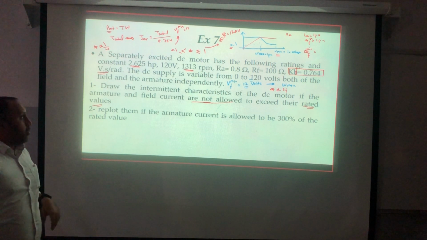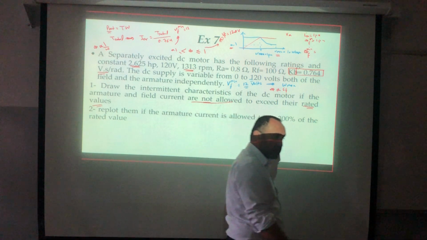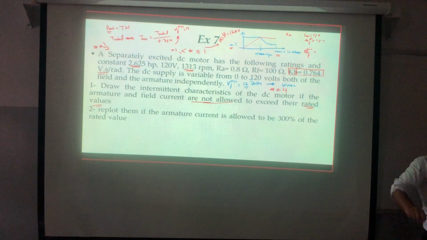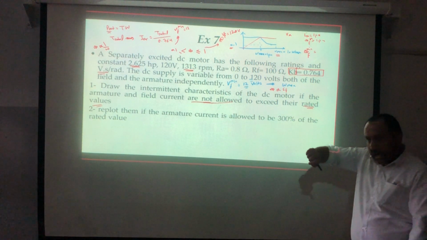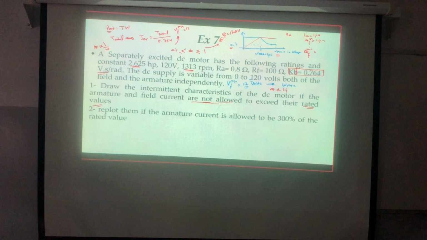Good. Now, let's repeat the same one, except that the current is allowed to be 300%, so 3 per unit. The current is 3 per unit. I need to calculate what? Omega base, the omega at which I will switch, correct? So in the first stage here, let's calculate the rated EA.